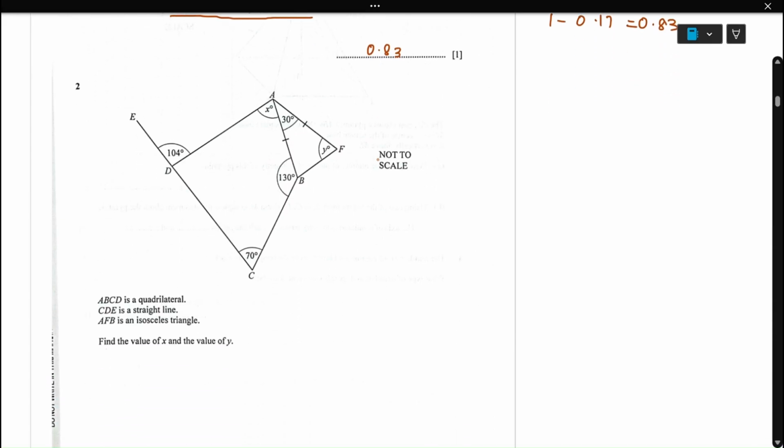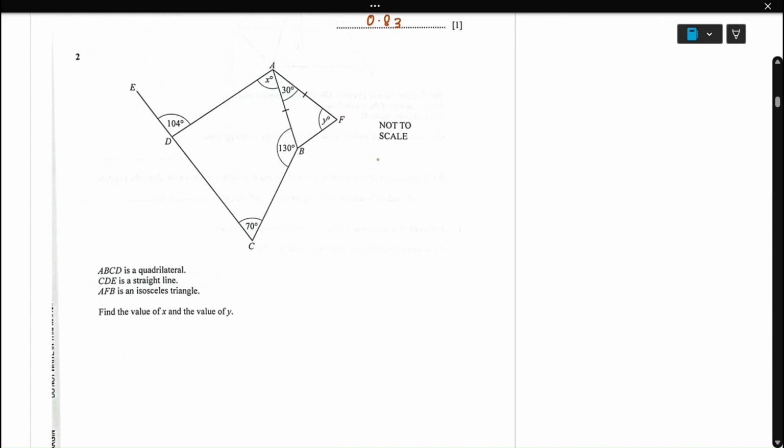Okay, so the next question, 2. ABCD is a quadrilateral, CDE is a straight line, AFB is an isosceles triangle. Find the value of x and the value of y. As we know, EDC is a straight line, so this is a linear pair.